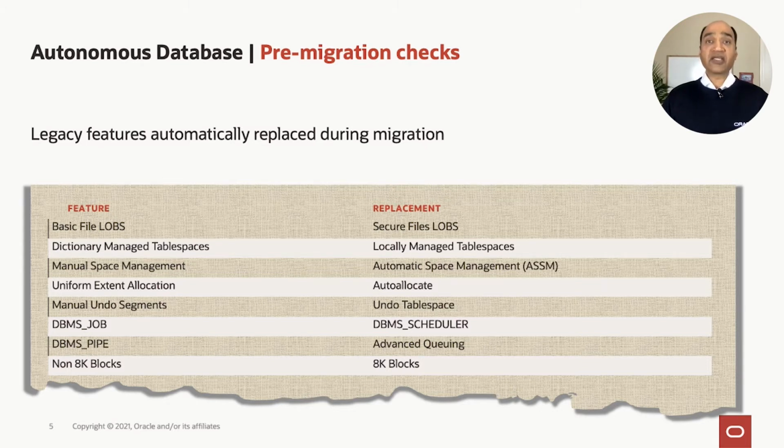Now, Autonomous, as I said, is built securely so that different workloads can run on a single container database or a single Exadata infrastructure. Also, it provides isolation between the pluggable databases.